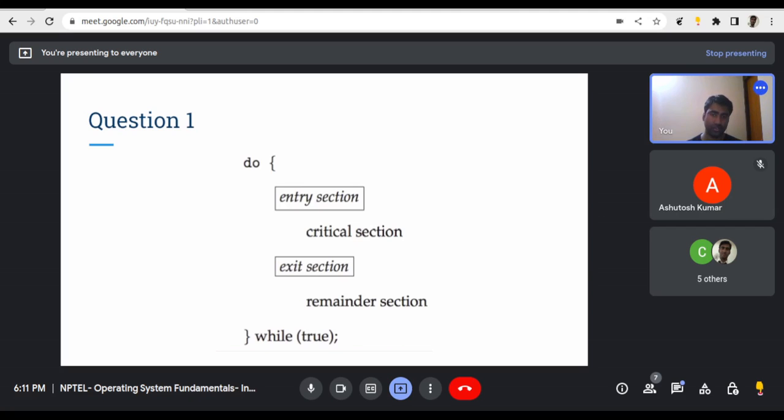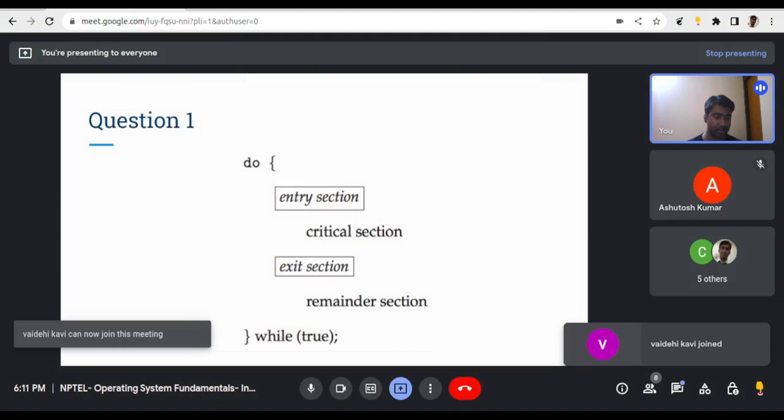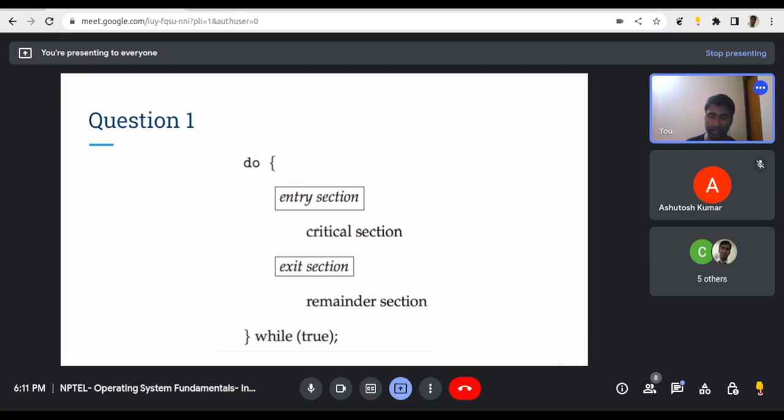That is a problem, because the process can't progress with its execution into the remainder section either.